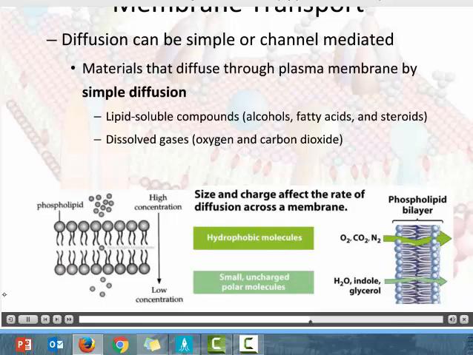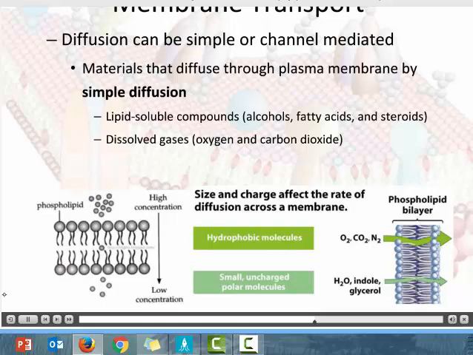A byproduct of that aerobic respiration, so the waste of that process, is CO2. We don't need CO2, and so it can freely move across our plasma membrane to move into our bloodstream and then get exhaled from our lungs.